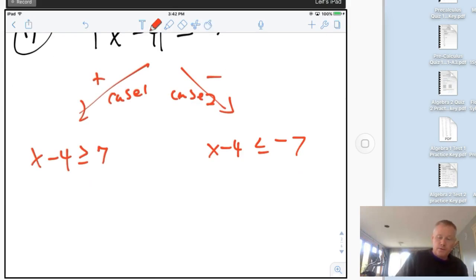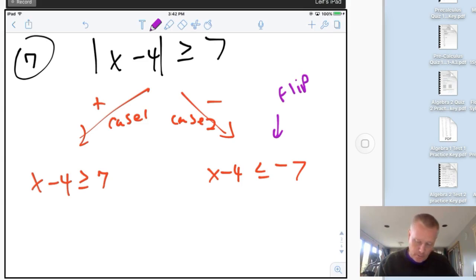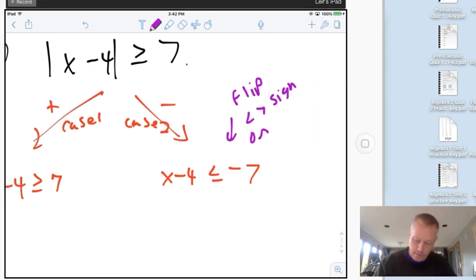So now I can solve these two. Let me write that down: flip the greater than or less than sign on the negative case or value.